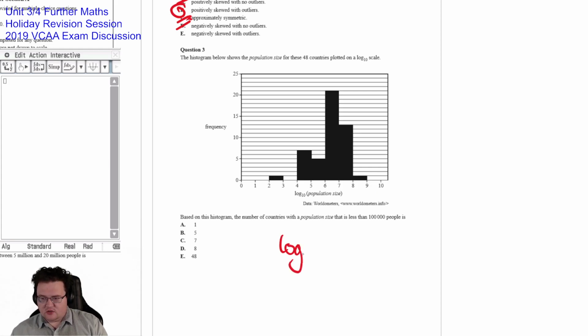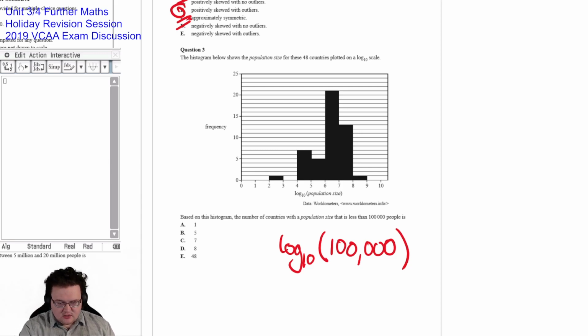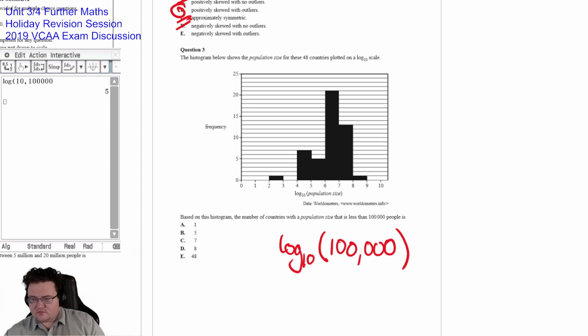So what is log 10 of 100,000? Even if you don't have that memorized, your CAS can just do it. If we go to keyboard, Math 1, third row, fourth column, and we just type it in, it's 5.